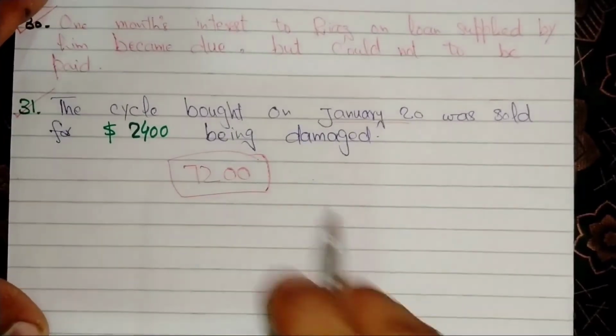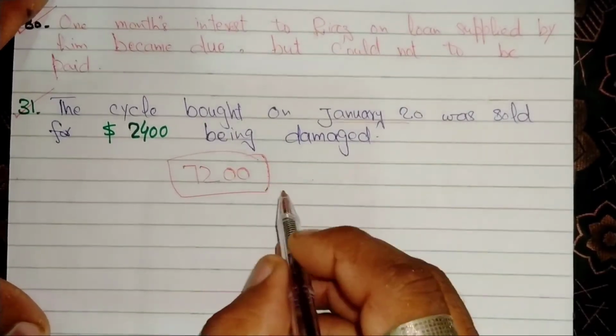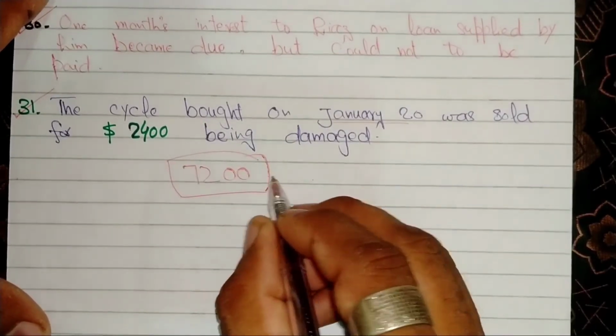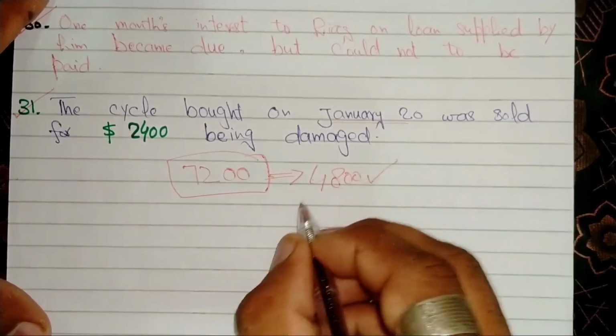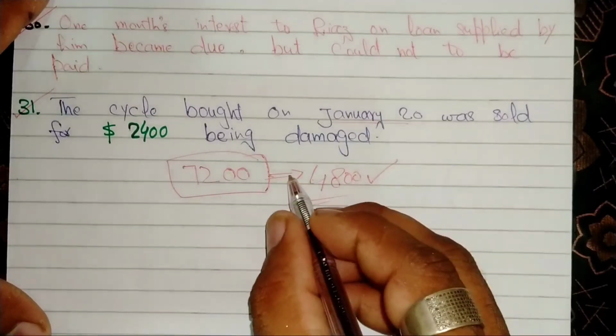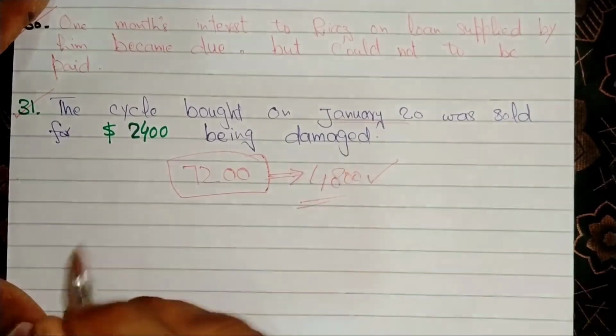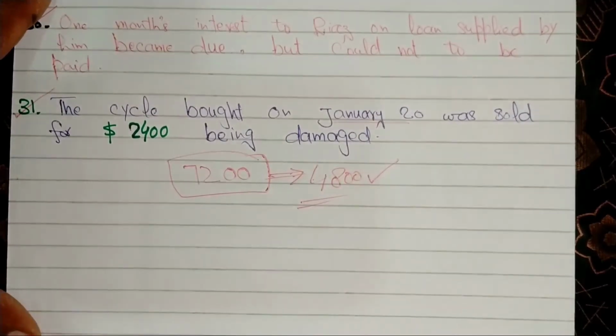So loss borne by the business against cycle with amount $4,800, right? We will enter the transaction in the journal now.